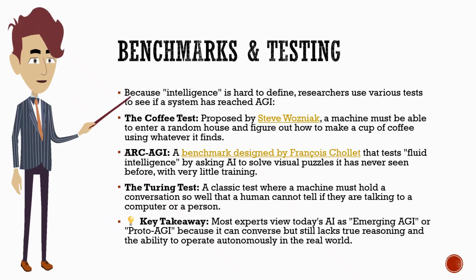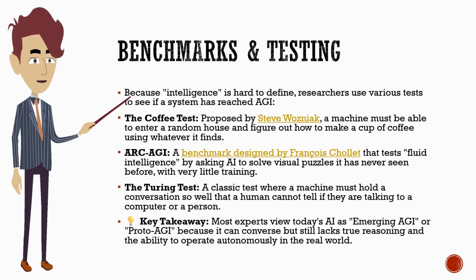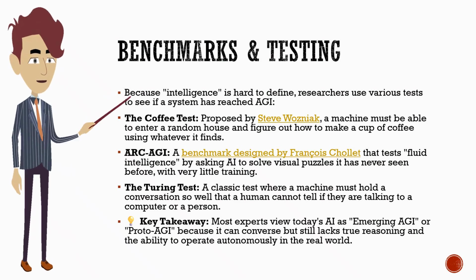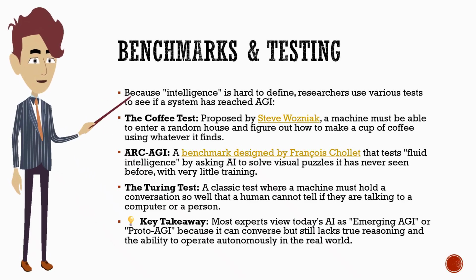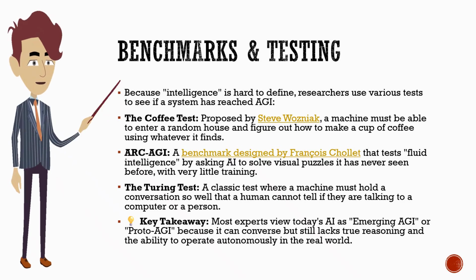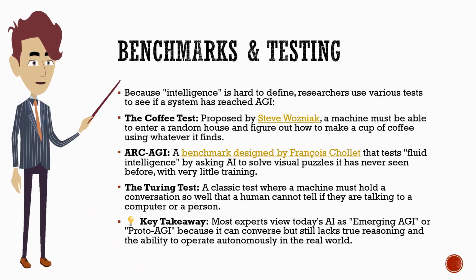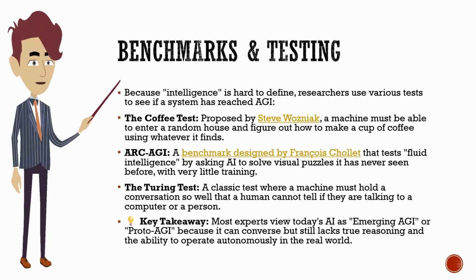So if we consider the key takeaways, the key takeaway is that most experts view today's AI as an emerging AGI or a proto AGI. So whatever current AI we have, it's only the emerging AGI. As we all know, whatever AI we're currently dealing with in computers, mobiles and everything, everybody is trying to make it more and more human friendly and wider, right? That's the thing which has been planned.